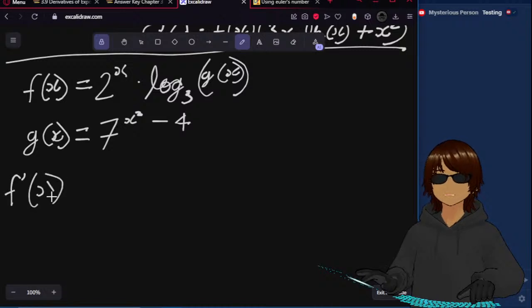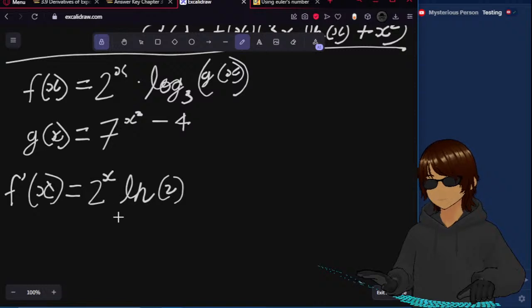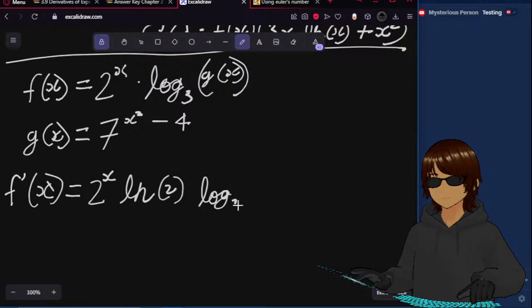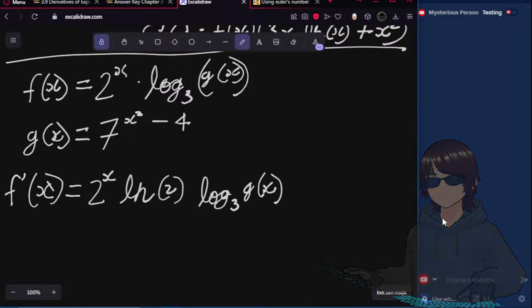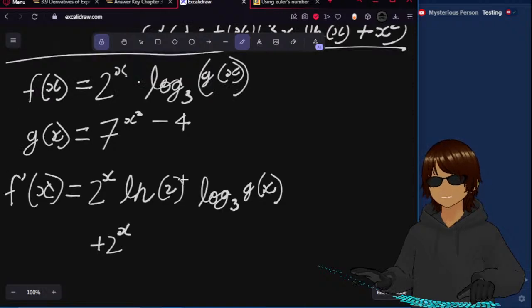And then derivative with respect to x is derivative of the first times the second plus the first times the derivative of the second.